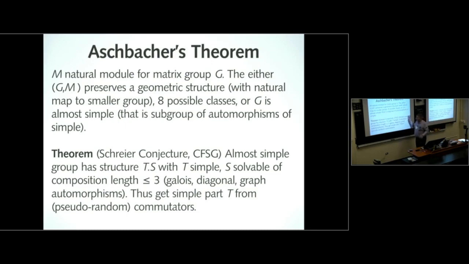And with the consequence of the classification of the finite simple groups, there is something which goes under the name of Schreier's conjecture. Actually, from almost simple, we can easily get to a simple group by just picking some commutators. So what can we do at this point?